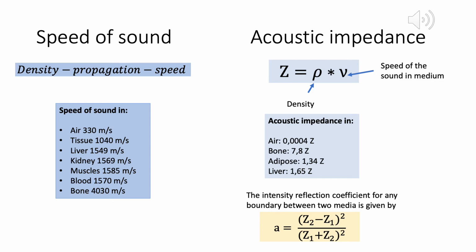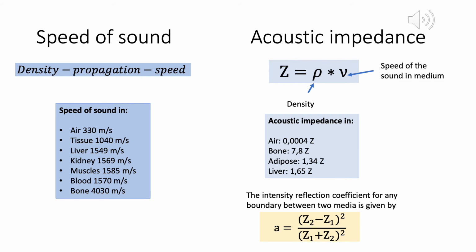Because not every sound wave will get reflected, some can also get transmitted or pass through the tissue. We want a reflection in order to get the best image. The bigger the difference in acoustic impedance, the more sound is reflected. If two materials have the same acoustic impedance, they are called acoustically matched and all the sound waves are transmitted. We can, for example, calculate acoustic impedance if we know the density and the speed of ultrasound in the specific tissue.